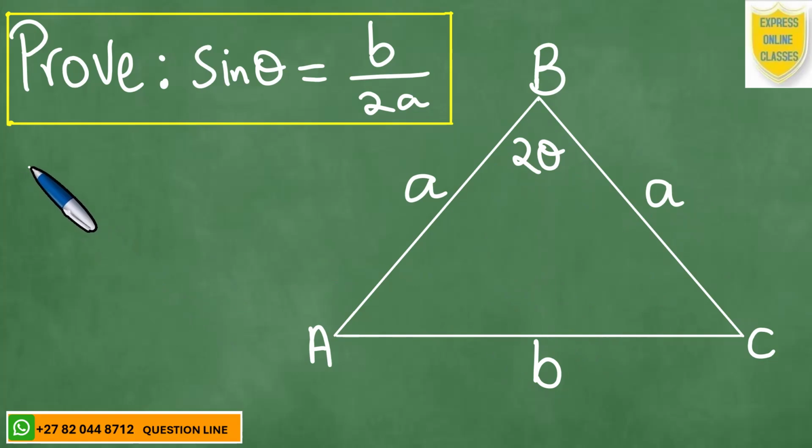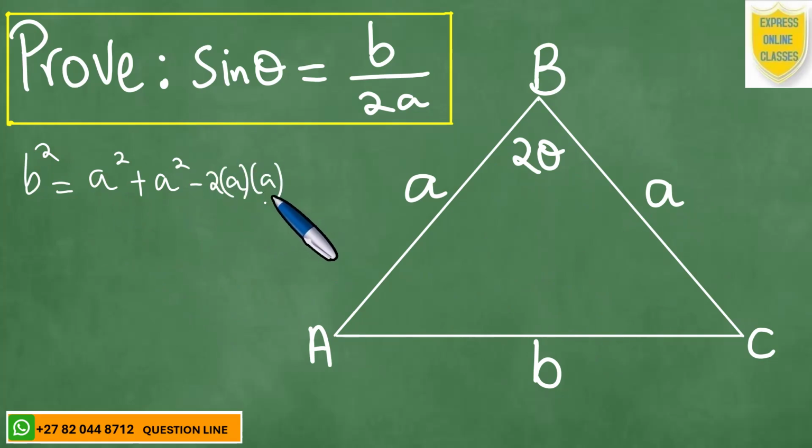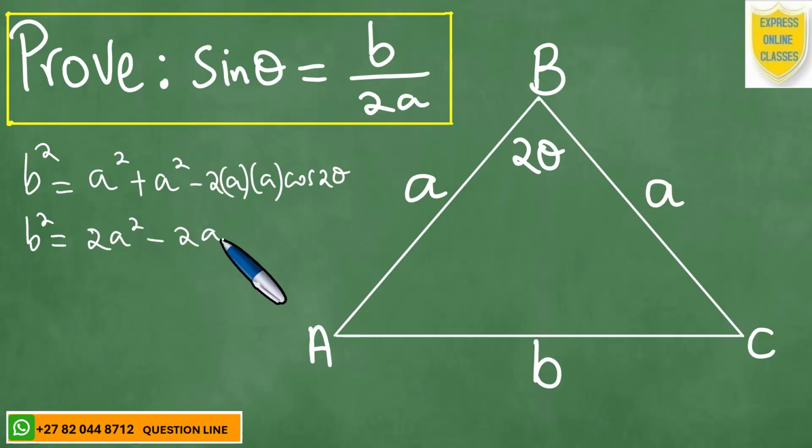So we shall have b squared equals a squared plus a squared minus 2a times a cosine 2 theta, which means b squared is 2a squared minus 2a squared cosine 2 theta.